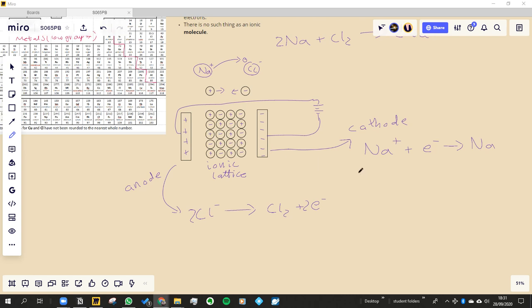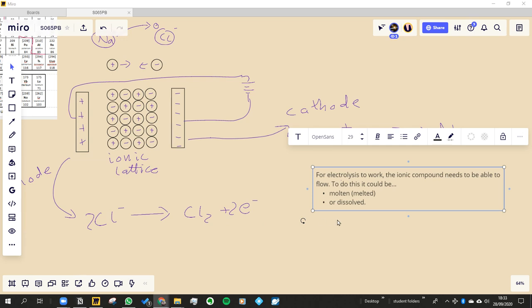Now, another way you can do it is you can dissolve it. So first of all, we should summarize. Let's just summarize the points here, and I'll pause the video while I summarize those points. When you dissolve ionic compounds, the ions separate and move around independently. That's what happens if you dissolve some salt in water.